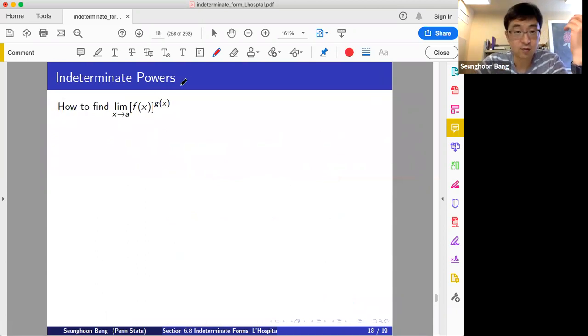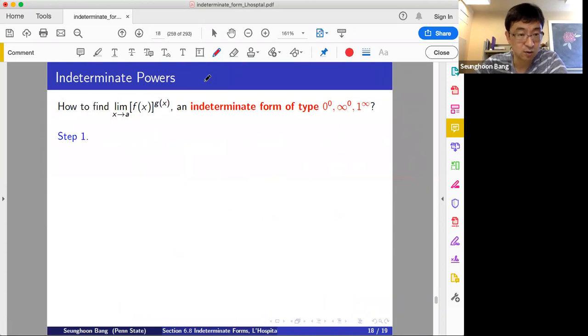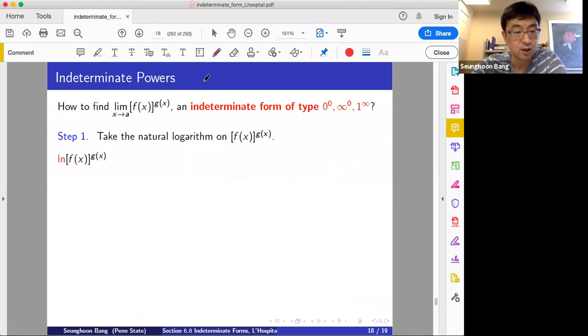The next, how can you find the limit of f of x to the power g of x as x approaches a? We can follow these steps. Step 1, take the natural logarithm of f of x to the power g of x. What does it mean? Take ln of f of x to the power g of x.